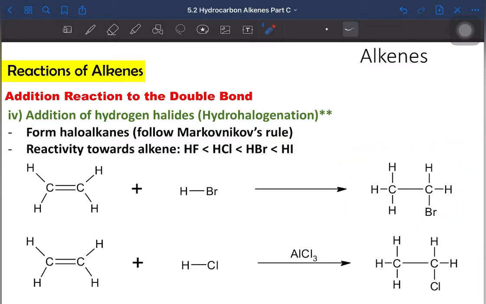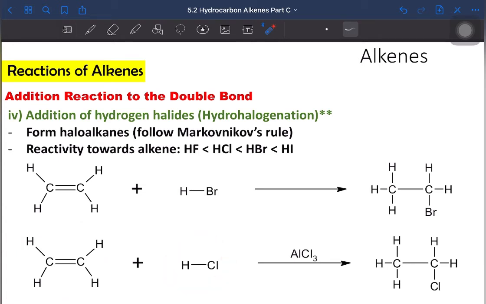Since this alkene is a symmetric alkene, it doesn't matter which side the H and Br attach to. Because both sides have two hydrogens, either side is fine. So this is the product that will be formed. Okay, the same goes for this alkene. We have the addition of hydrogen chloride.